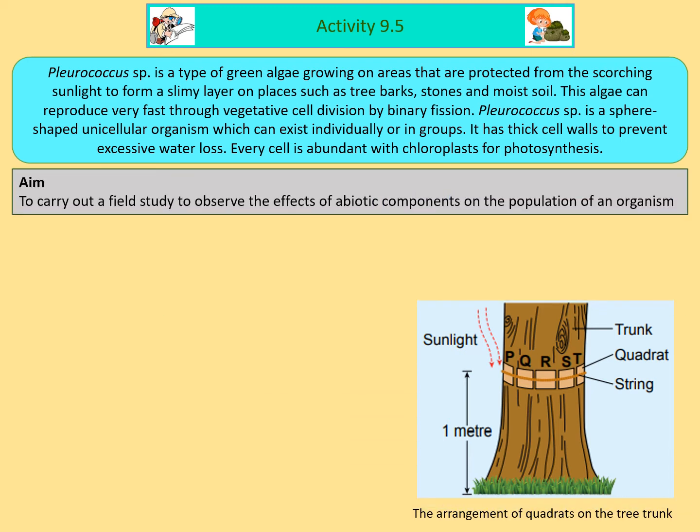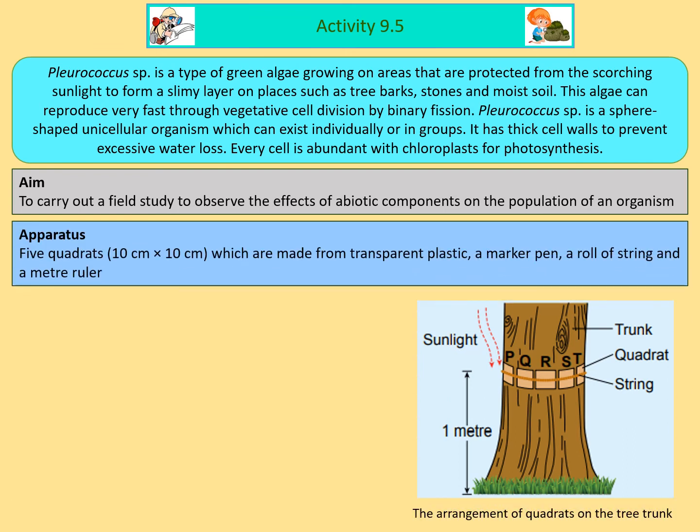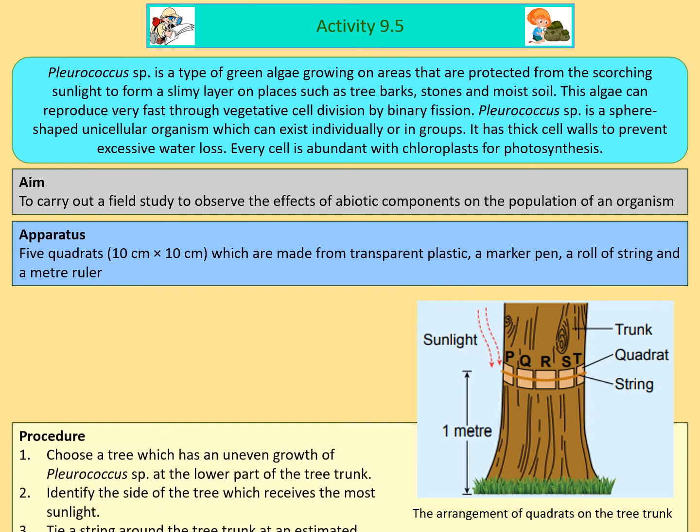The aim of this activity is to carry out a field study to observe the effect of abiotic components on the populations of organisms. The apparatus: 5 quadrats 10 cm x 10 cm, which are made from transparent plastic, a marker pen, a roll of string, and a meter ruler.